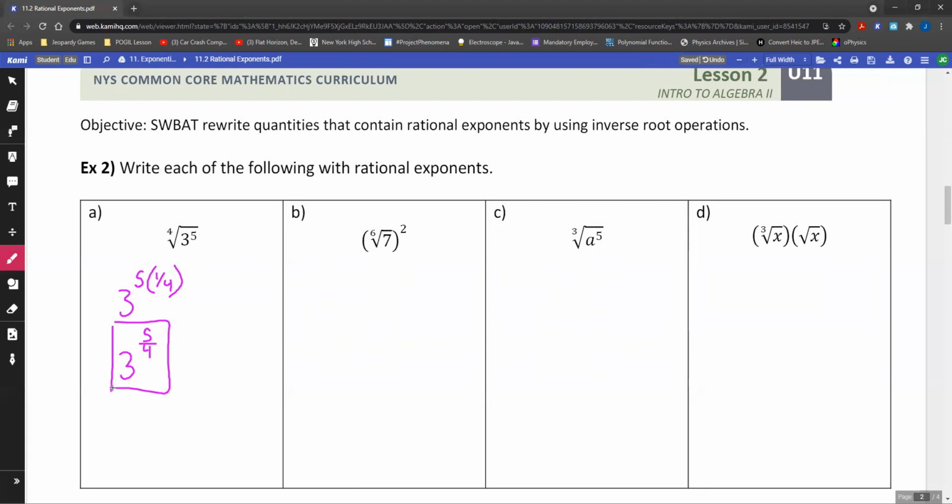We're going to do the same thing here. So this becomes 7 to the 1/6. It's being squared. This 2 gets multiplied by the 1/6. So it's going to become 2/6. Simplifying that fraction, this actually becomes 7 to the 1/3 power.